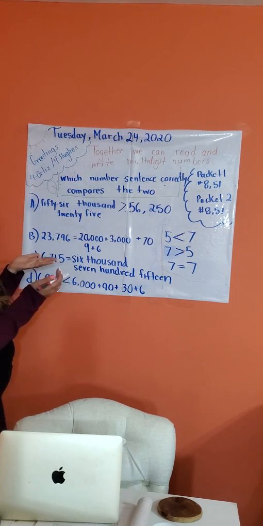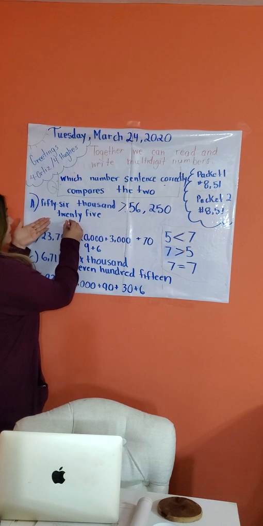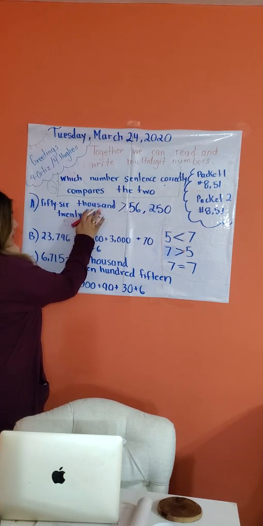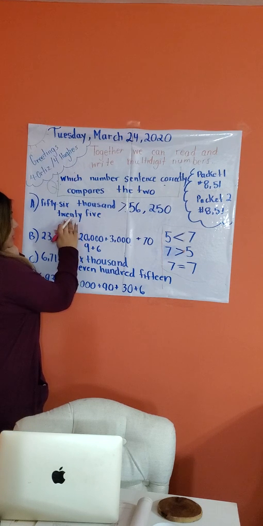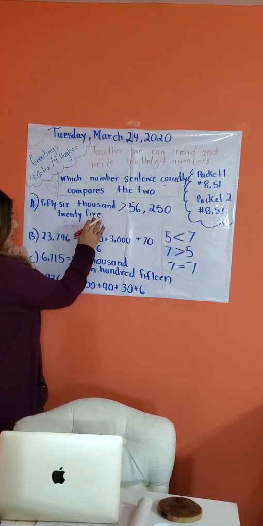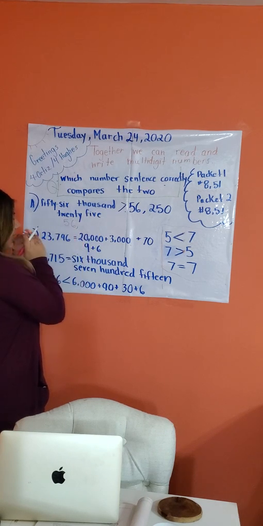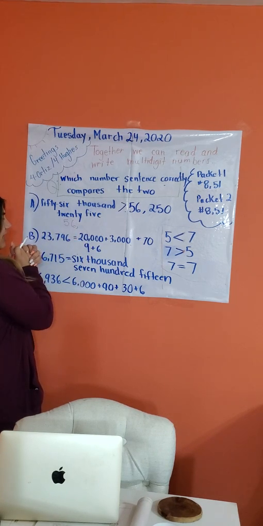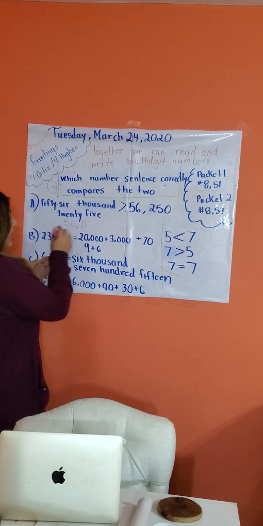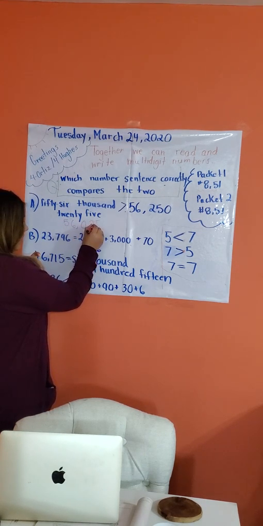So if I were to write 56,000, that means I have to add a comma. 25. Wait a minute, 25 is tricky. It's not 205, it's 25. That means in the hundreds place, there is no value, so I'm going to insert a 0 there, and then I'm going to write 25.